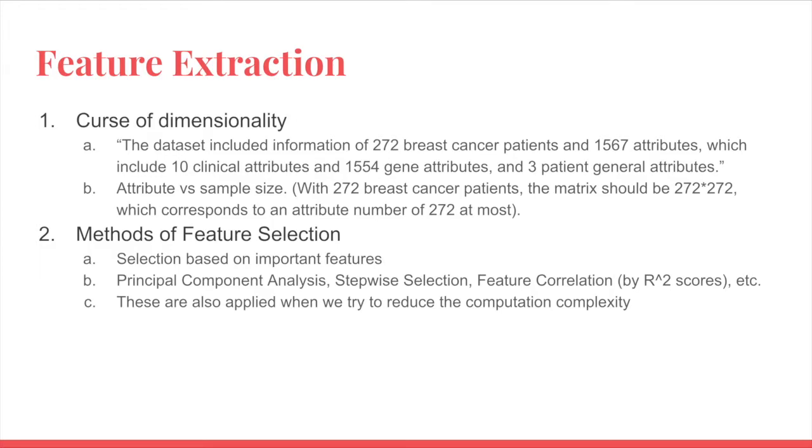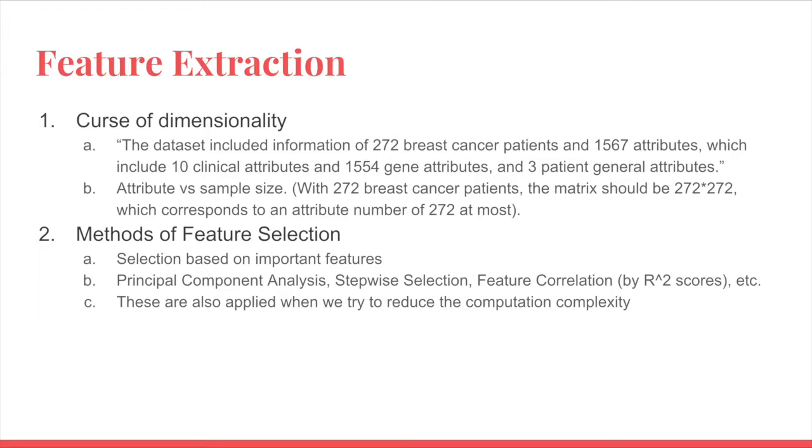So we have many more features compared to the sample size, and this is not good for our training purpose. This is called the curse of dimensionality, when we have more features compared to the sample size. Usually what we're trying to do is to keep the feature number either equal to or smaller than the sample size.